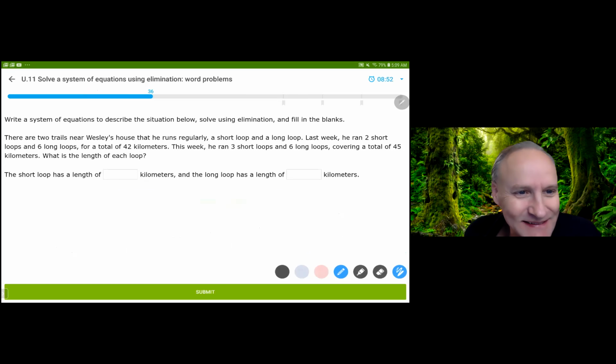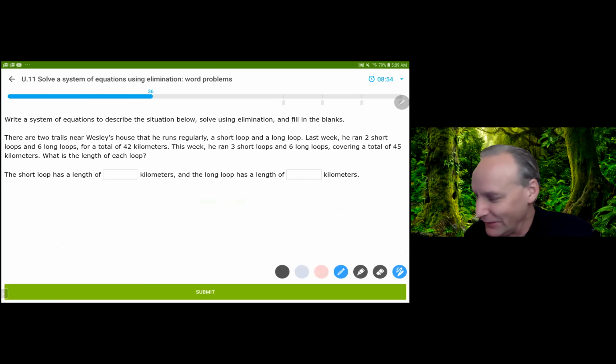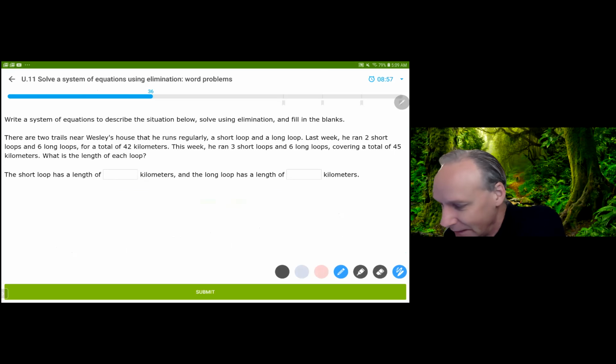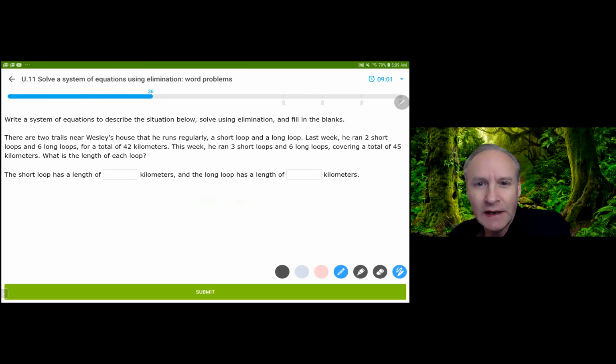All right, let's see if I can remember to look up on occasion. So there are 2 short loops and 6 long loops. I don't usually like to use S, but it just makes more sense in this case. A lot of people use X and Y, but the problem is that a lot of times your setup will reverse the variables of interest, and it really messes you up if you don't make them easy to identify.